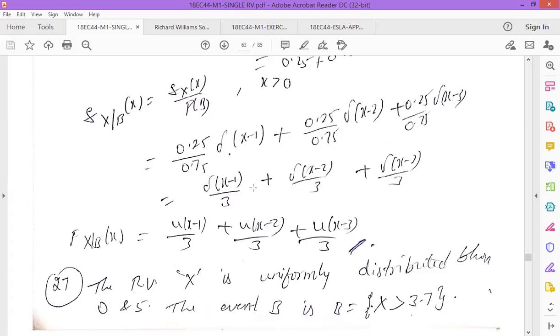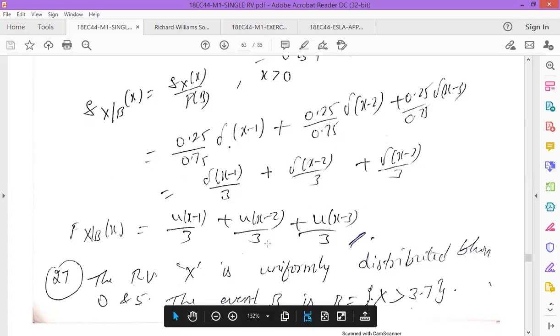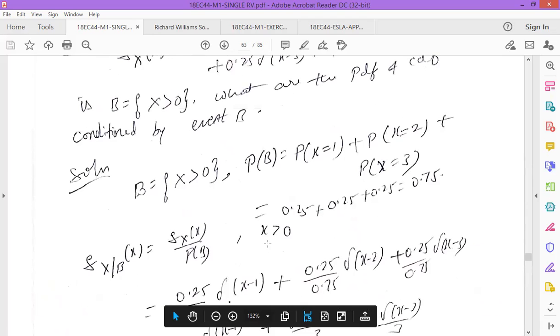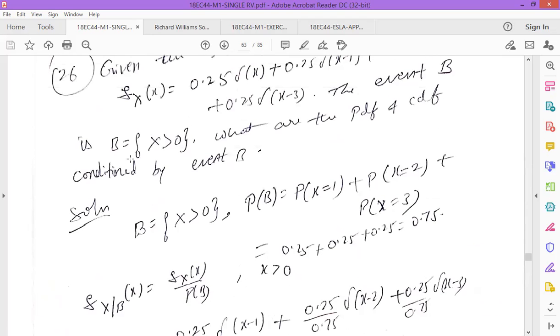So it has been replaced as delta of x minus 1 by 3 plus delta of x minus 2 by 3 and so on. And similarly, you will be writing the equation for the CDF. The only thing is, you have to see the condition that is given. The condition given is capital X is greater than 0. Since it takes values greater than 0, you have to eliminate the first term, for which x is equal to 0.